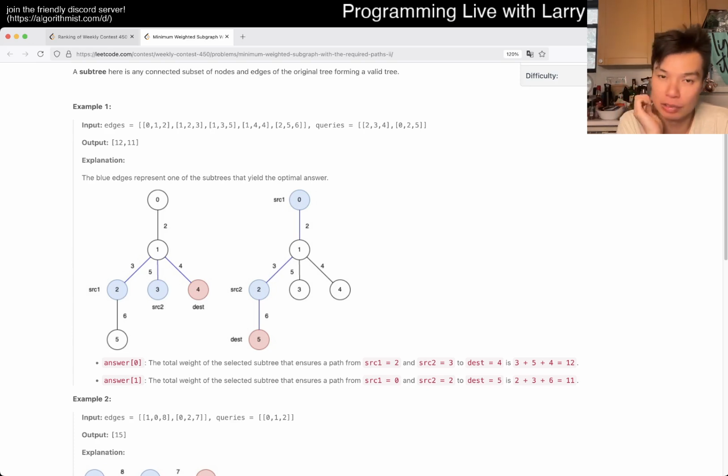What does getting source 1 to source 2 get you? So, okay, so then now you have this. Yeah, okay, I mean, it's just 3 binary lifting queries, right?